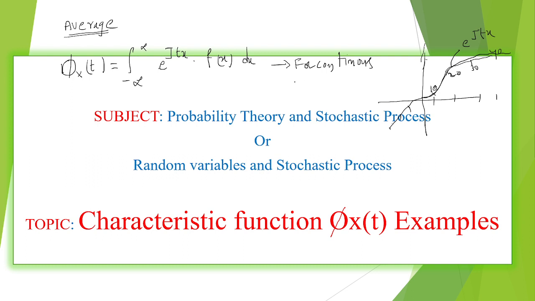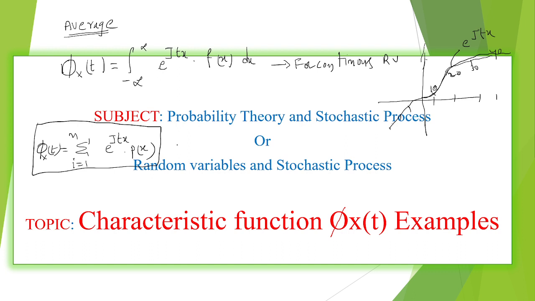This is the average for a continuous random variable, and if it is discrete, we know that for a discrete random variable it is sigma i equal to 1 to n of e power jtx into p of x. This is phi x of t for a discrete random variable.